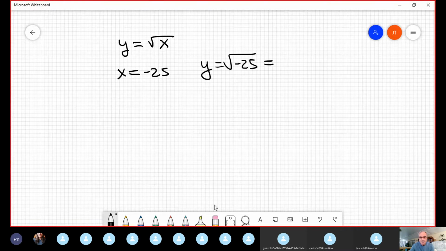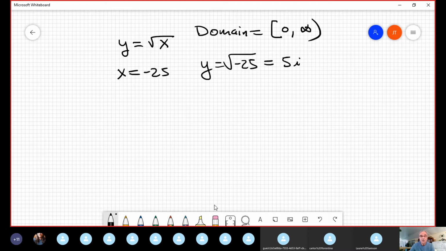It's obvious, it's imaginary, and this imaginary number is out of the domain. Therefore, the domain of that function is bracket 0, infinity. That does not allow negative numbers inside. The answer imaginary is not acceptable in this chapter. It's a guy living in another planet.